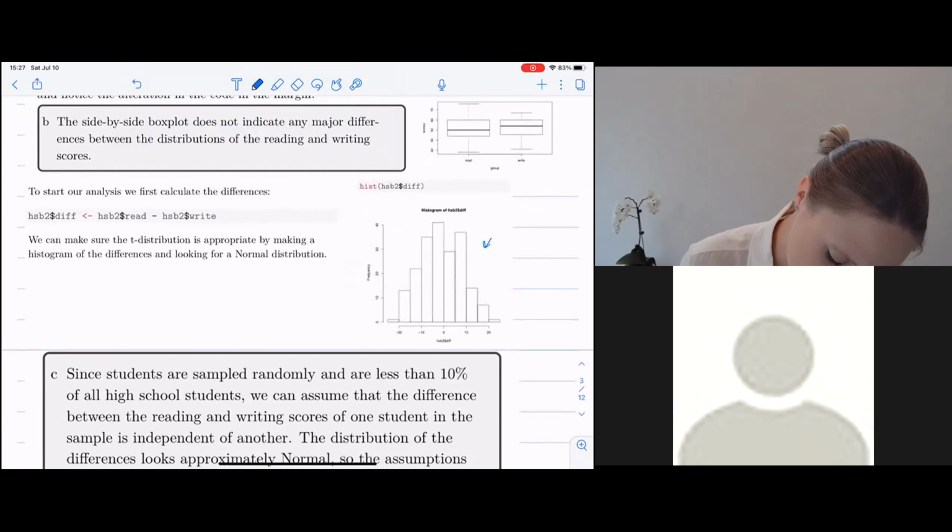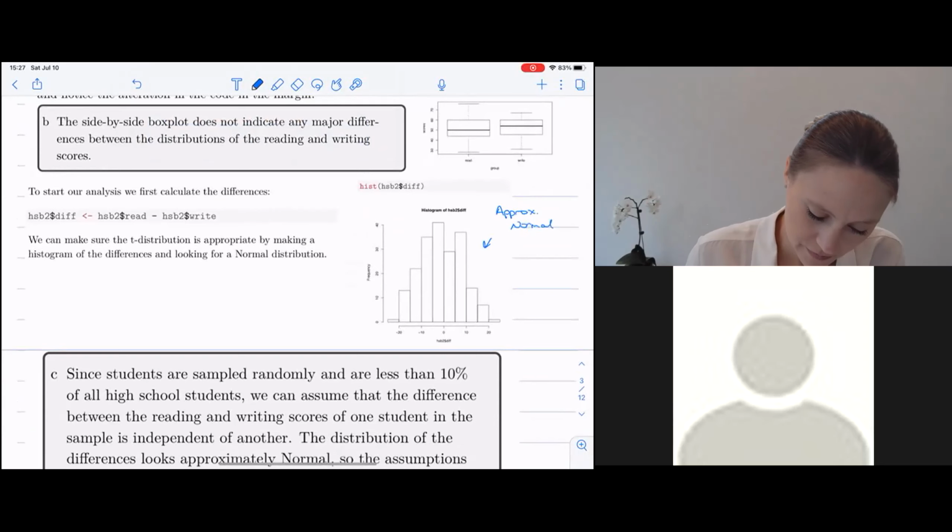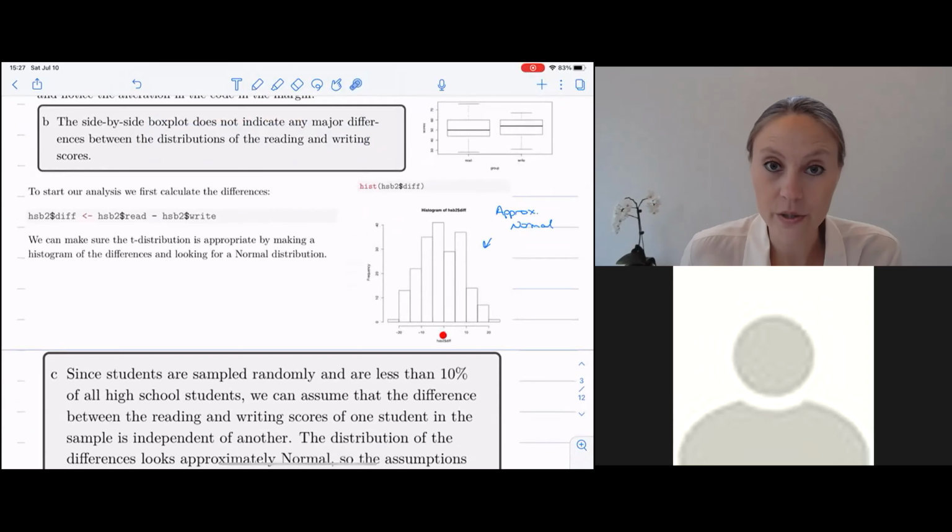Then we can make a histogram of the differences, and this looks approximately normal. It also looks centered on 0. That's important. If it's centered on 0, then 0 means there's no difference, so we suspect that there's no difference.